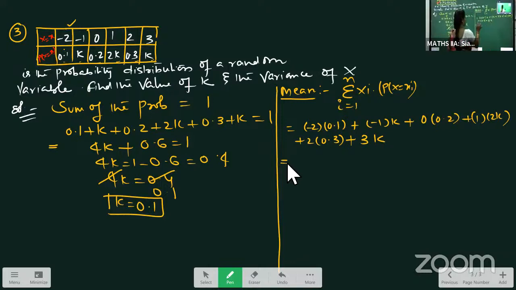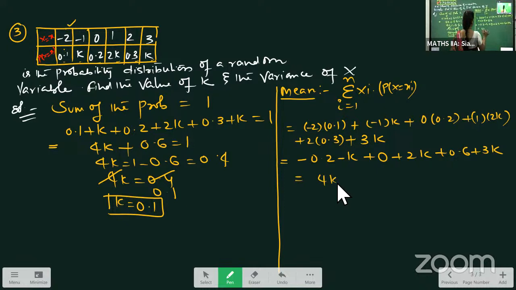Now multiply: minus 2 into 0.1 is minus 0.2, and minus k, and this is 0, and this is 2k, and this is 0.6, and plus 3k. First add the k terms. 3k plus 2k is 5k, 5k minus k is 4k. And here 0.6 minus 0.2 is 0.4.